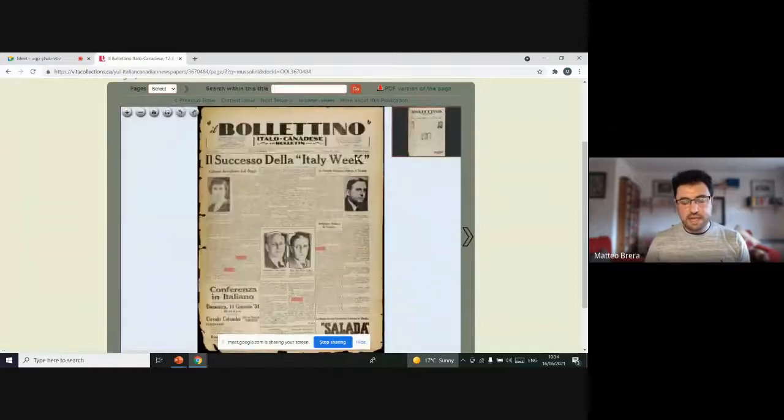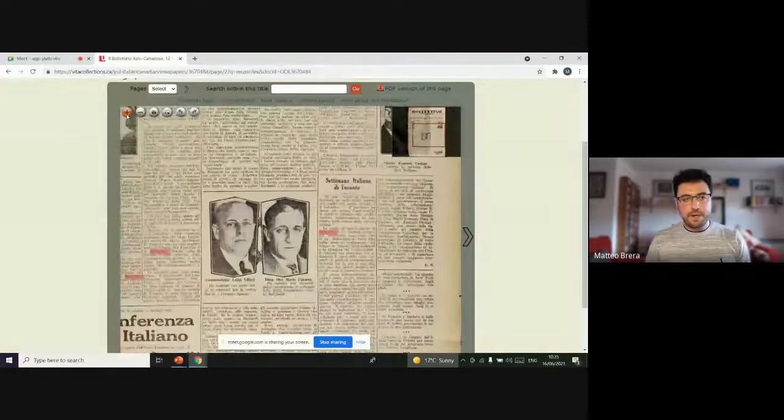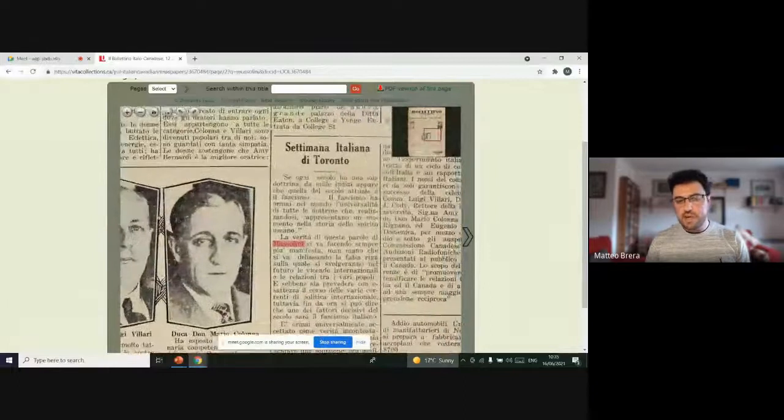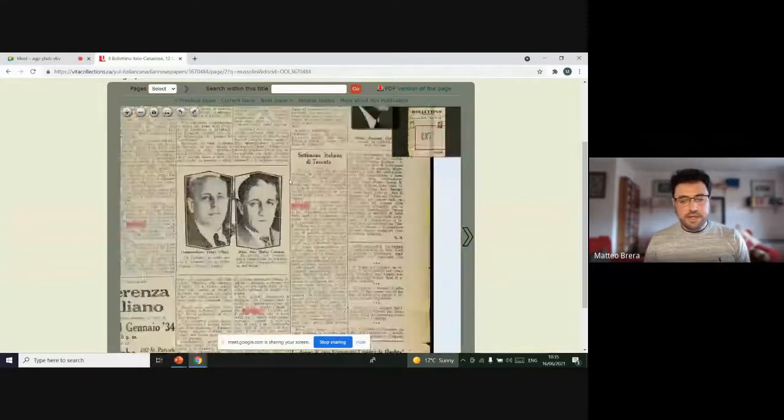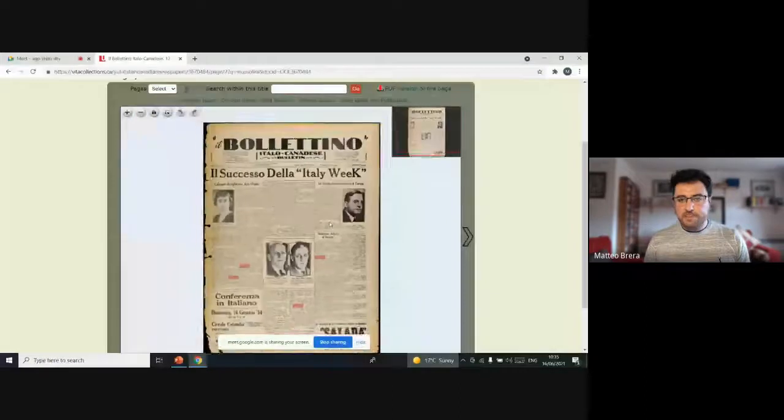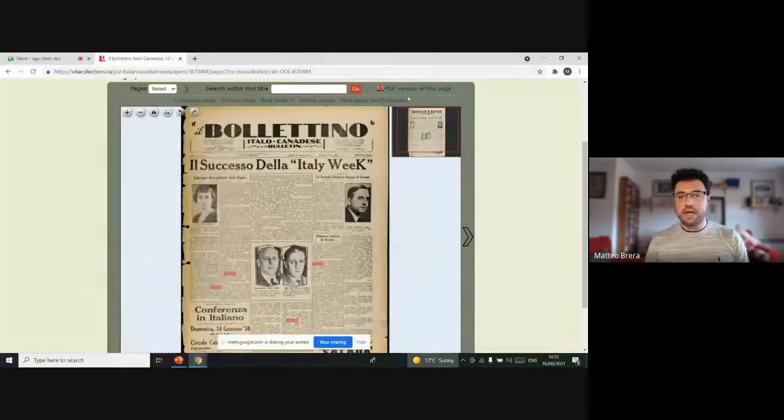Let's see if there's anything in this issue. And of course, there's a few parts of the text where Mussolini is mentioned. I searched for Mussolini because this is a fascist newspaper, so there's bound to be a lot of Mussolini in it for obvious reasons. And so this is how it looks.